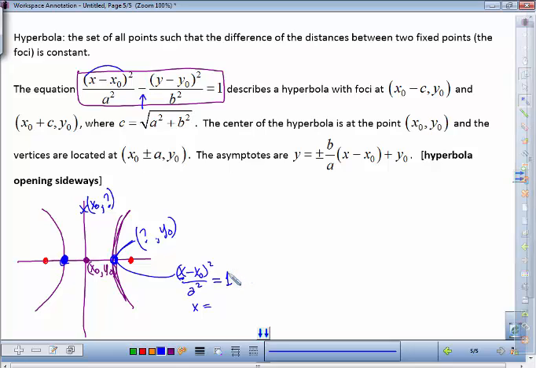I would need to take the square root, so that's just a, and then I would add x naught. This whole idea about taking the square root produces a plus and minus side of things. If you do that to the other side, you'll get the other vertex point for your hyperbola.